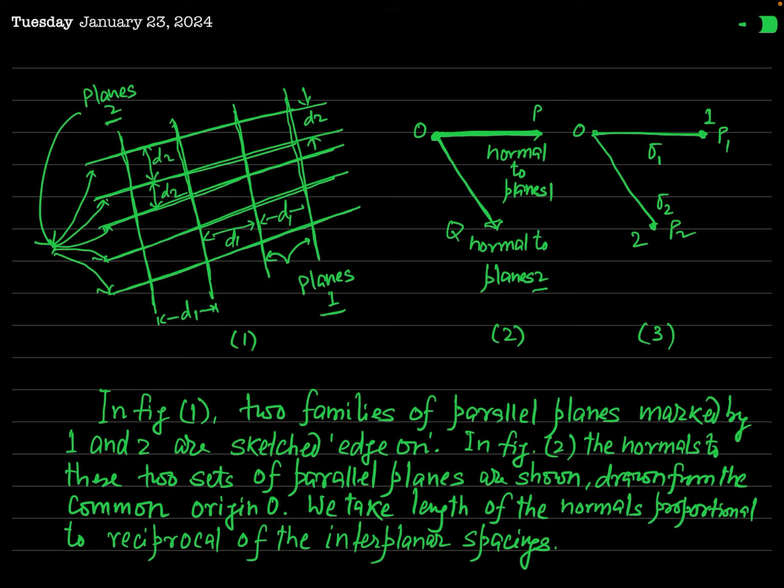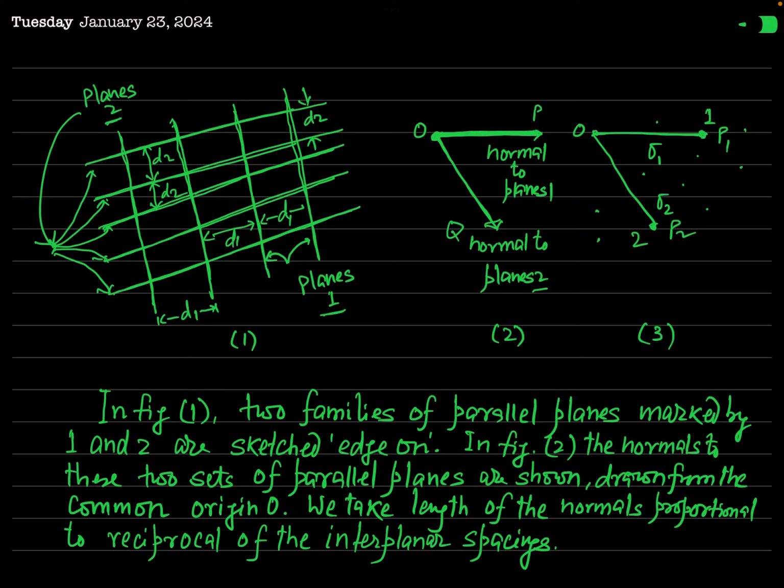Then all the terminating points of the normals are called reciprocal lattice points. So in general, there will be many points in this reciprocal space, and all these points are called reciprocal lattice points. I think we have understood how we can obtain the reciprocal lattice point.